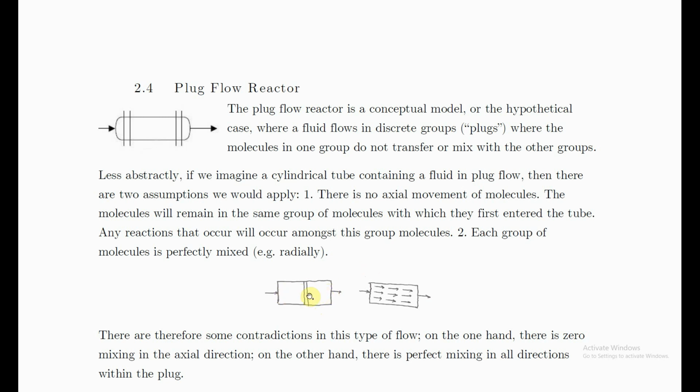We can easily imagine that molecules from inside that fluid are then diffusing out of that disk and then becoming part of other disks and so on. But that's not what's happening in a plug flow reactor. In a plug flow reactor, we are saying that all the molecules in each disk of fluid are staying in that disk, and they are only reacting in that disk.